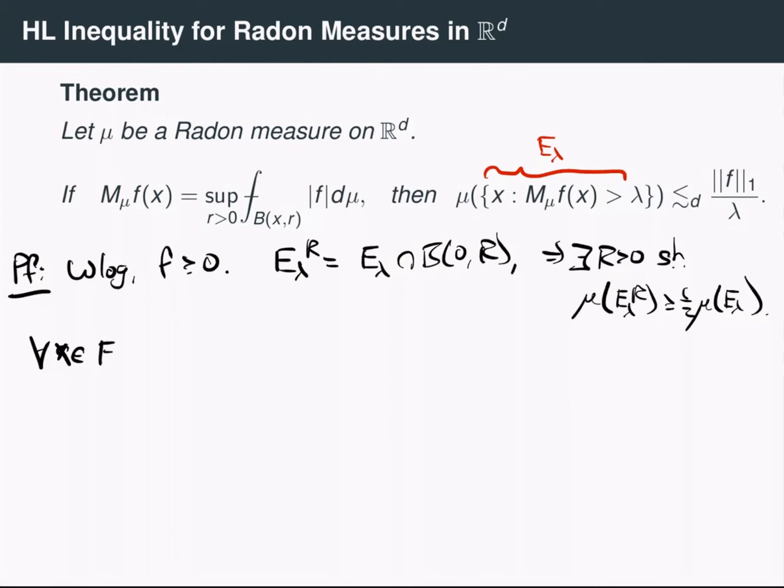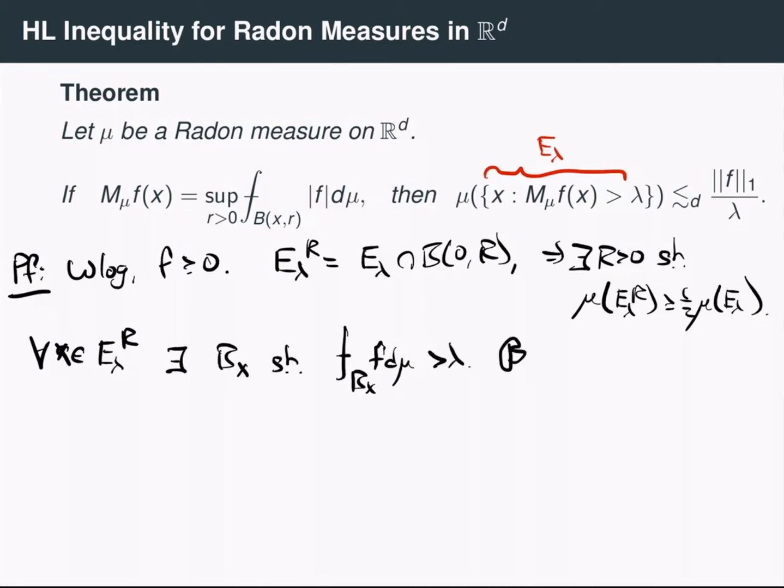Okay, so for all x in E lambda R, by virtue of being in E lambda R, I know that there exists some ball Bx centered at x such that the average of f with respect to mu over that ball is bigger than lambda.